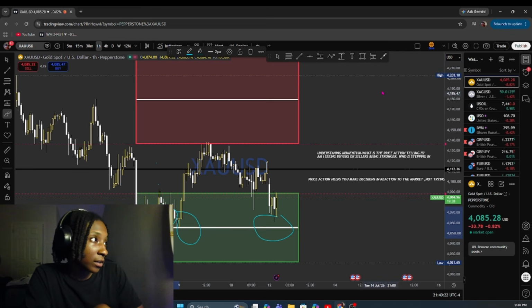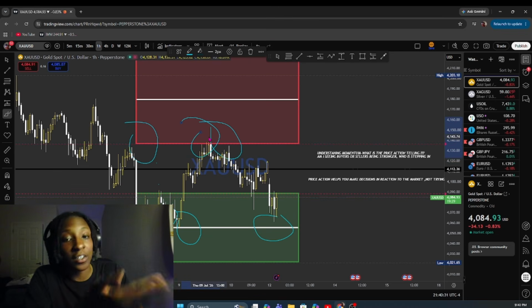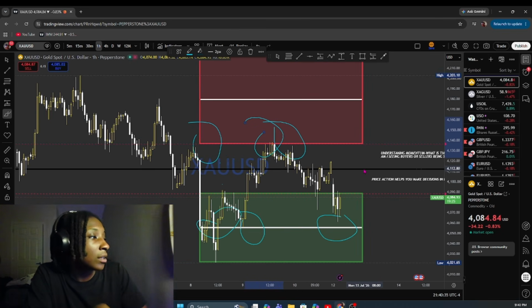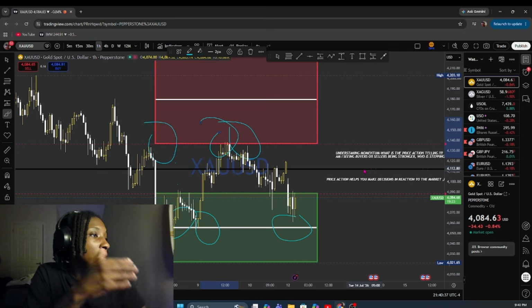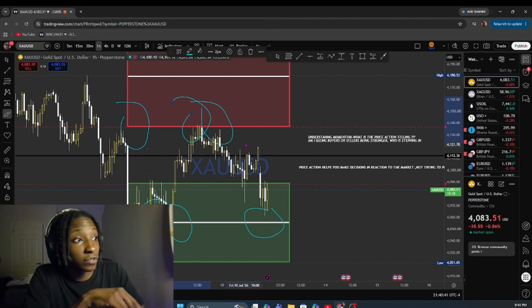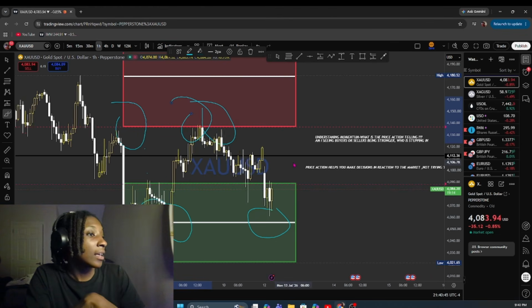Also over here, this zone, tap, tap, tap. The sellers are in that zone. So they're not trying to get past that zone. So this should help with what I was explaining about the range. So this right here is the range that it's in.